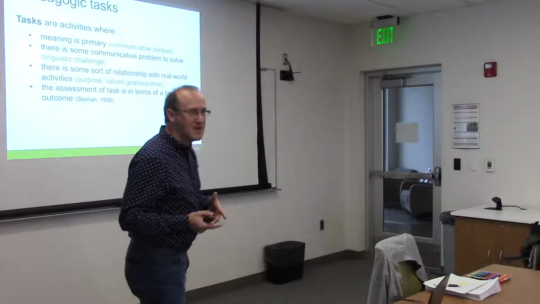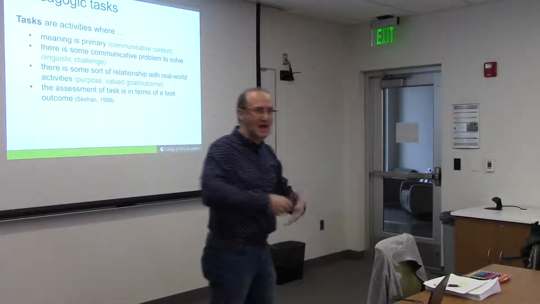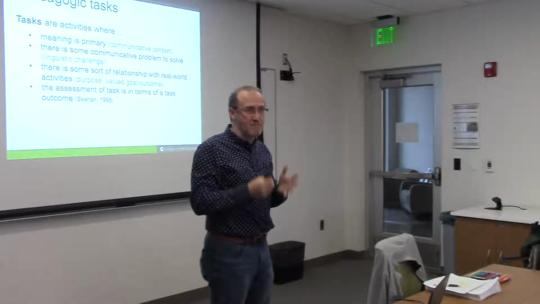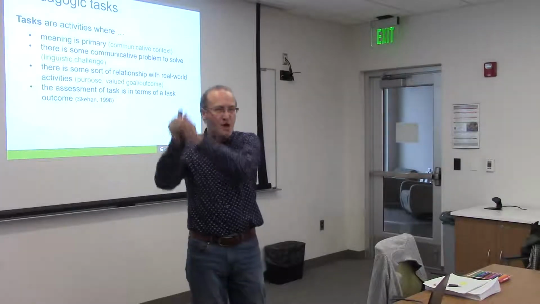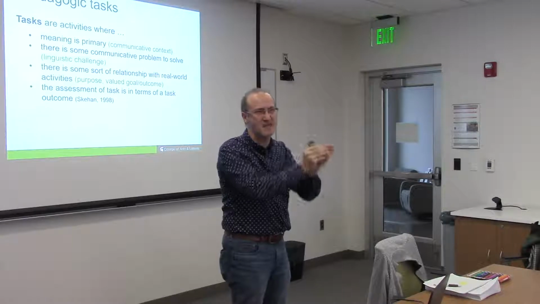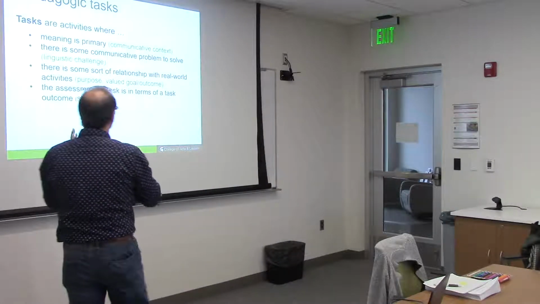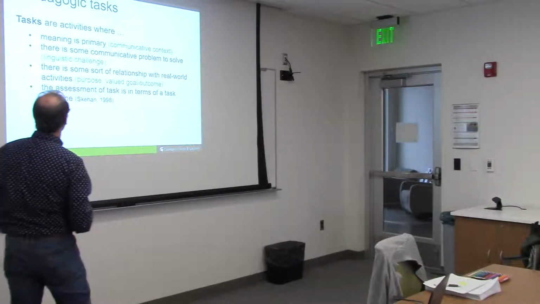The whole idea might be that if you have a task, a lot of input, a lot of language to process, that might target the different I+1s of your different students more than if you're focusing on only one particular grammatical rule. So more people can process more of the language that they are encountering.